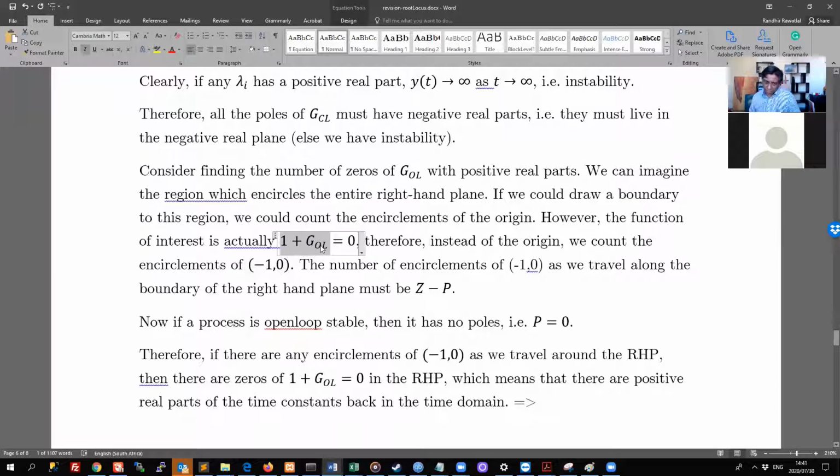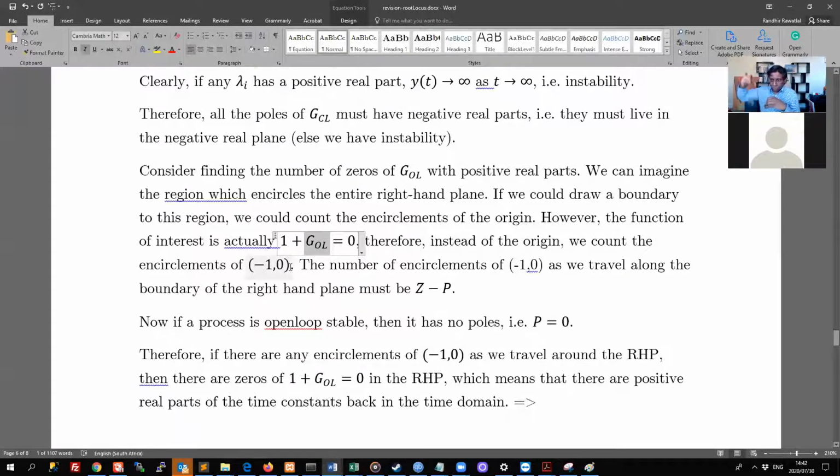So once more, this is the function. We want to know if this function encircles the origin. So you can, of course, plot that function and look for encirclements of the origin. Alternatively, you could say, why don't I just work with G open loop and look instead at encirclements of -1, 0.